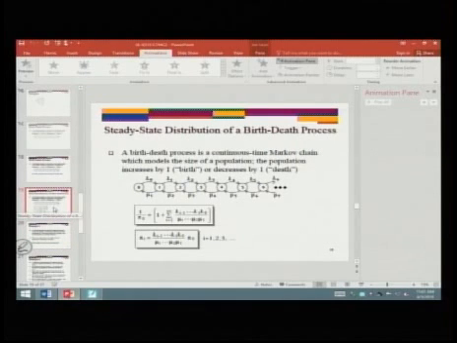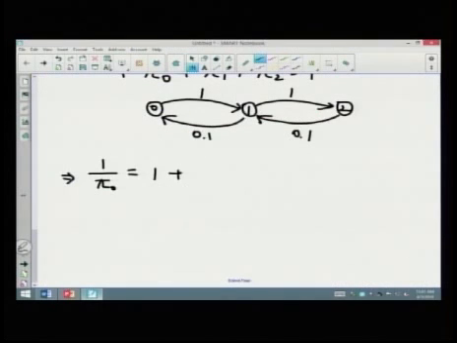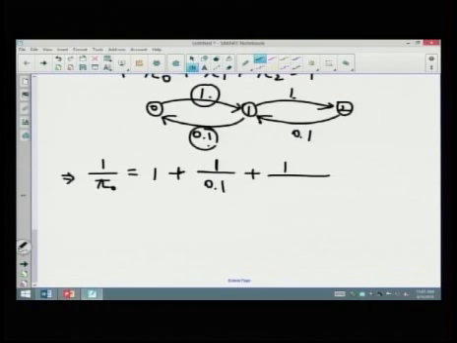We are using this formula now, okay? These two formulas. So here we're going to put the first birth rate 1 over the first death rate 0.1, and then the next term is the product of the first two birth rates, which is 1, over the product of the first two death rates, that is 0.1 squared. Is that right?